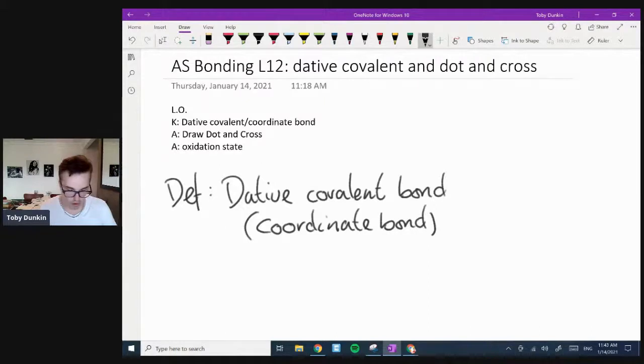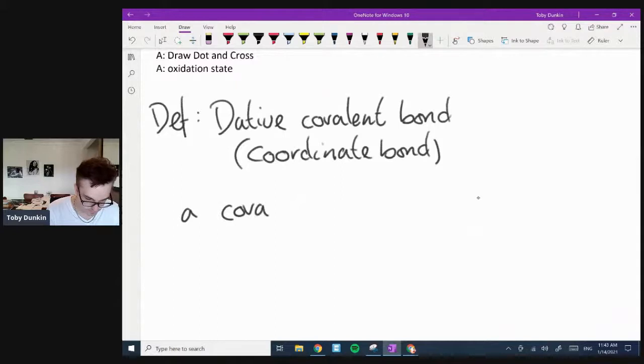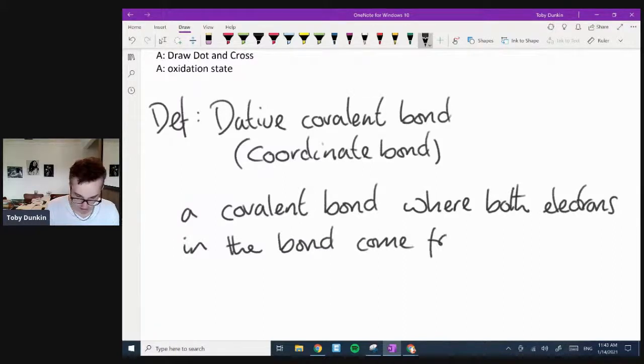A dative covalent bond is a covalent bond where both electrons in the bond come from one atom in the bond.